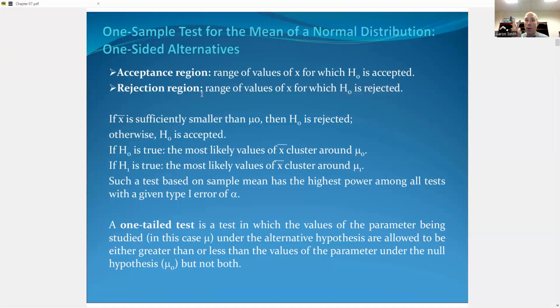And since we've got two possibilities, we're going to be in one of these two regions with our data. If x bar is sufficiently smaller than mu sub 0, the hypothesized value, then H naught is rejected. Otherwise, H naught is accepted. So this is for greater than.